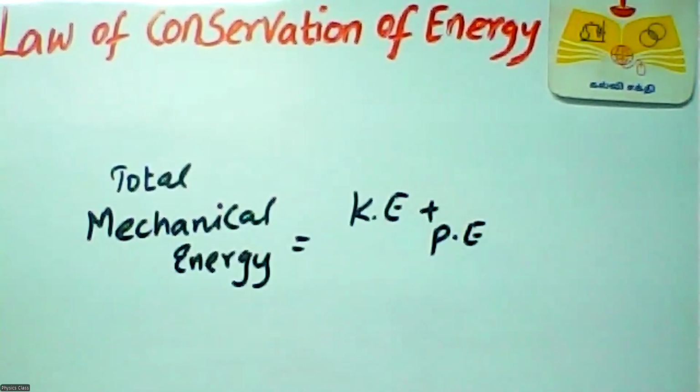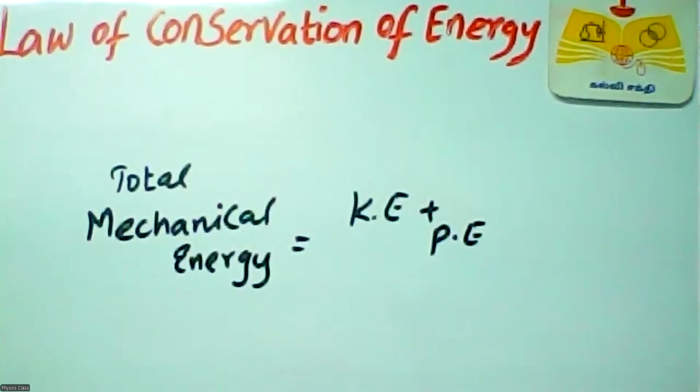So when we talk about the law of conservation of energy, kinetic energy could be transformed into some other form of energy, like chemical energy or potential energy. Here we are not going to talk about those other types of energy like chemical energy and nuclear energy. In this class, first think about how mechanical energy can be conserved.